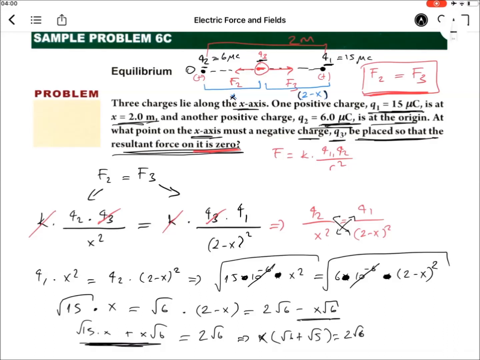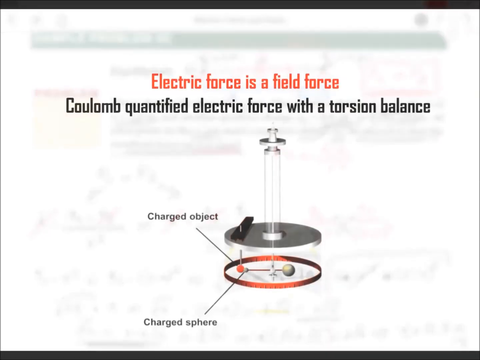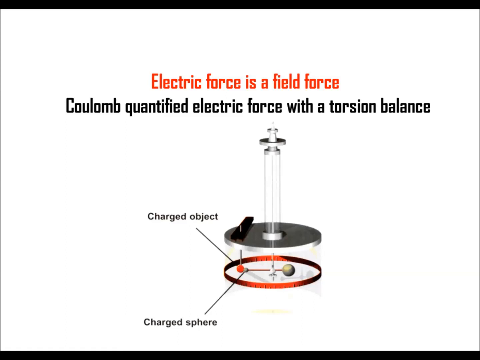If you divide both sides by the same value, x will be 0.8 meter.